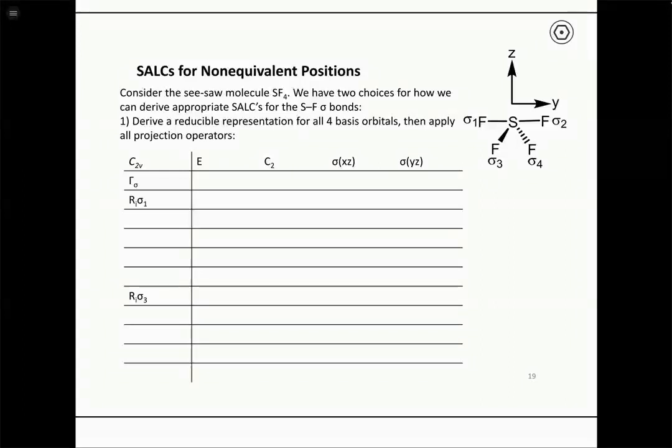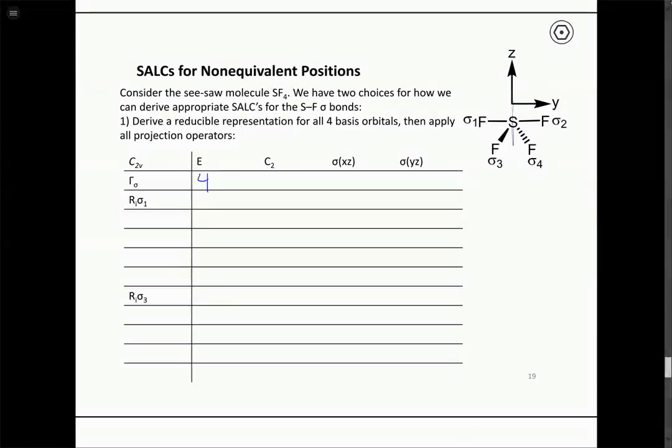Now there's a couple ways that we can do this. The first way is to just ignore the fact that we have these non-equivalent positions and just do the reducible representation for all 4 basis orbitals and then apply every single projection operator. So if we do this for all 4 sigma orbitals in the C2v point group, we have 4 orbitals, so we're going to have a character of 4 there.